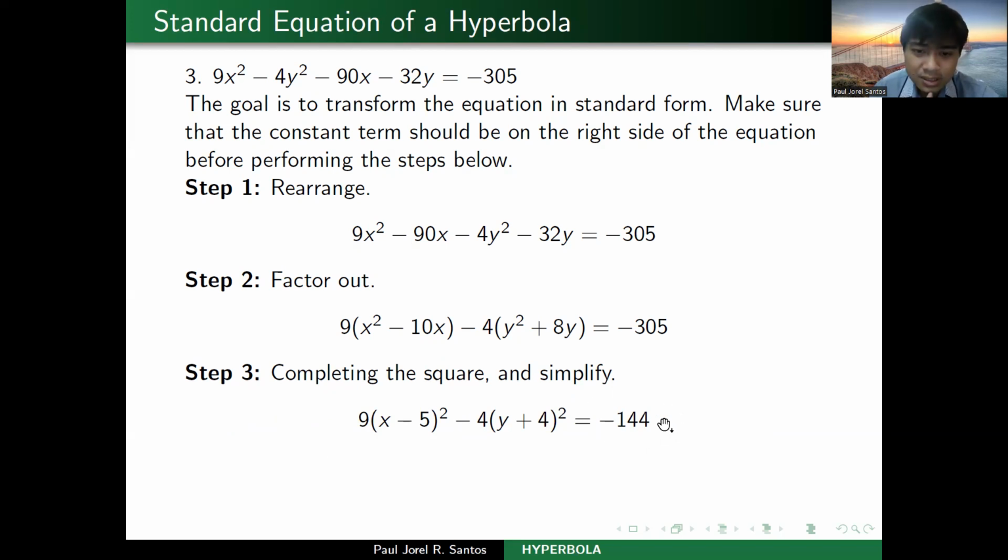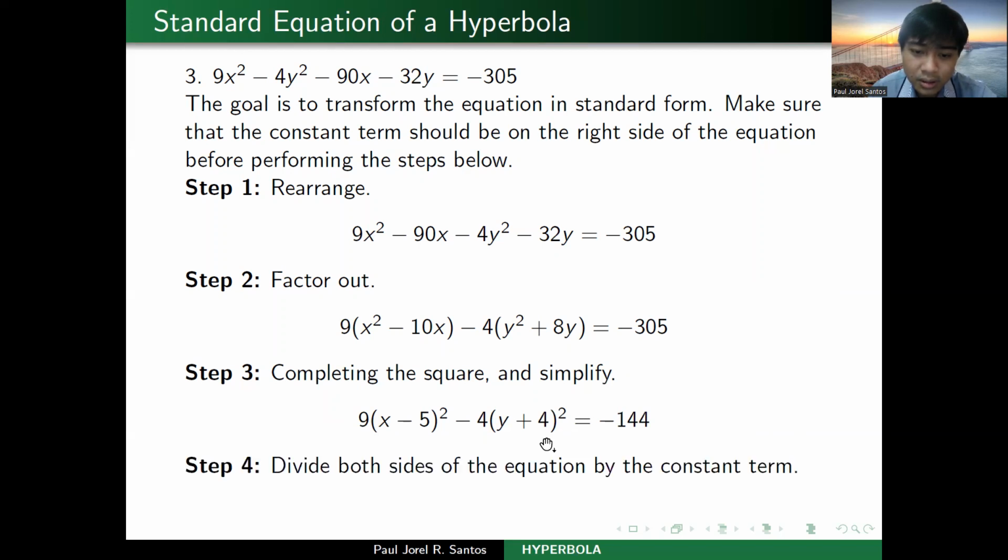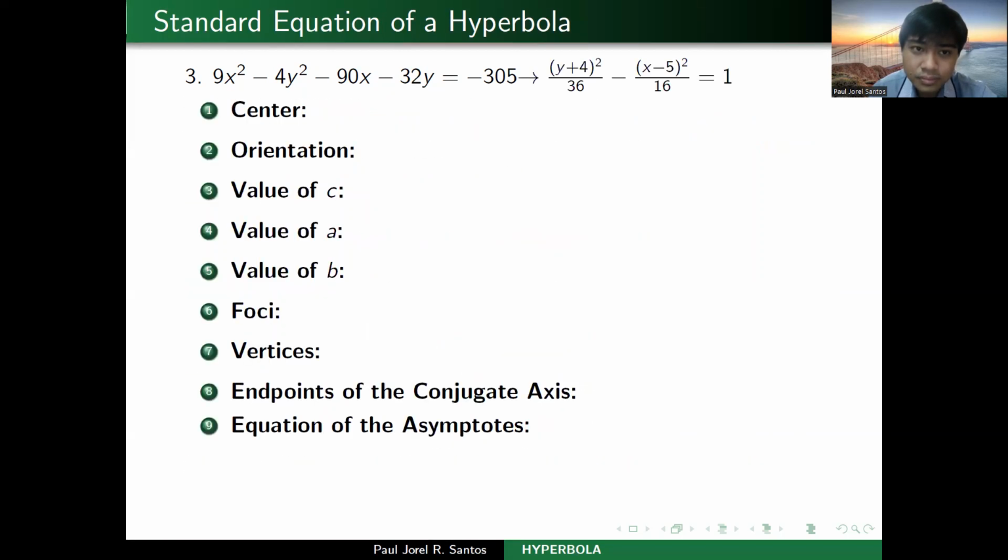Now, it seems that in this case, the hyperbola looks horizontal because x comes first and x is positive. But if we divide both sides of the equation by negative 144, it will turn out like this.